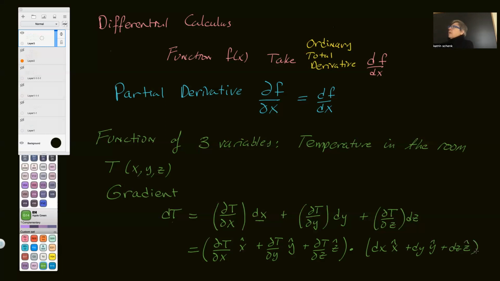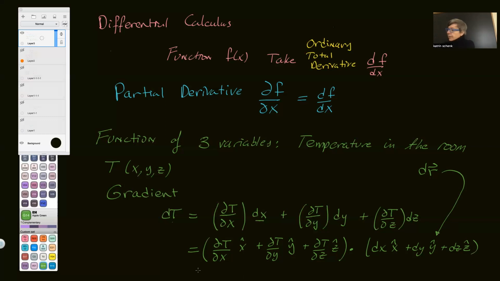Notice that all I did was make up a vector that I could dot with this dx vector. That vector is actually a vector called dr. So this is really dr. We don't need that right now, but we will write that out.